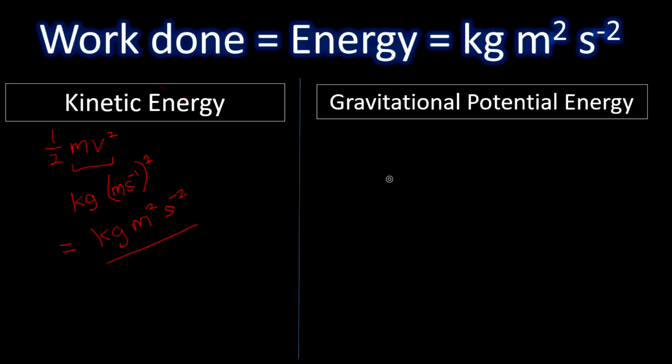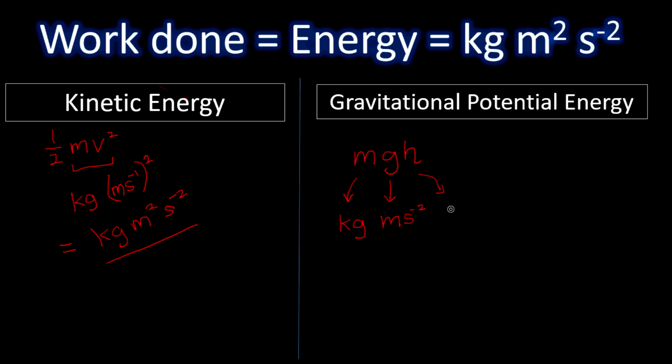Now we see gravitational potential energy. So formula for gravitational potential energy is mgh, right? So m is mass, so unit for mass is kilogram. G is actually gravitational field strength, or we can say this is the gravitational acceleration. So the unit for g is the same as acceleration, which is m s^-2. And then h is height.